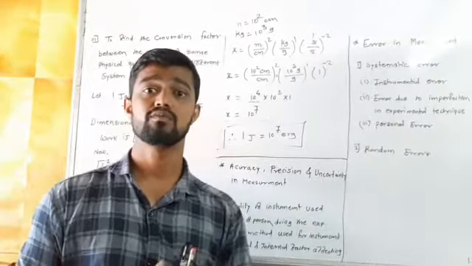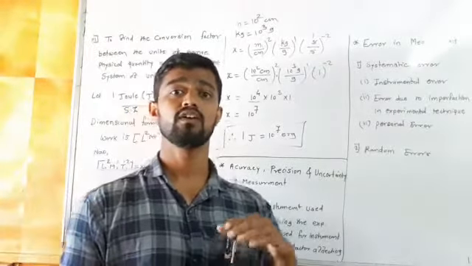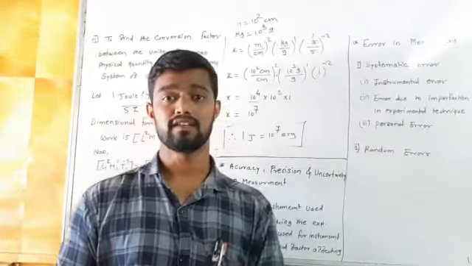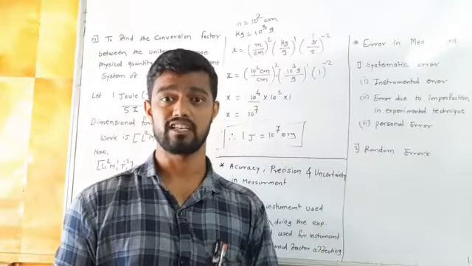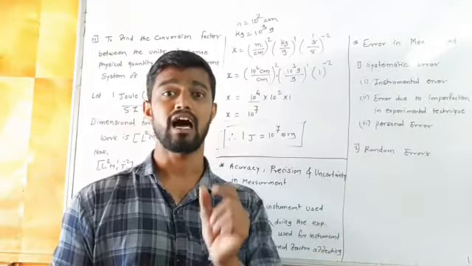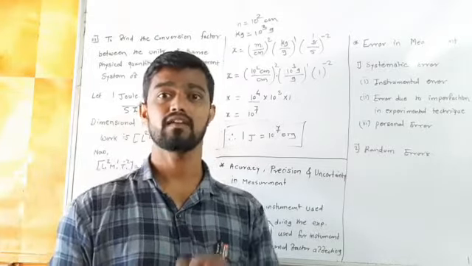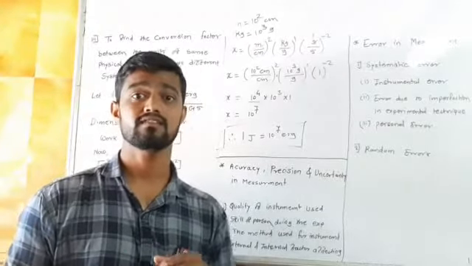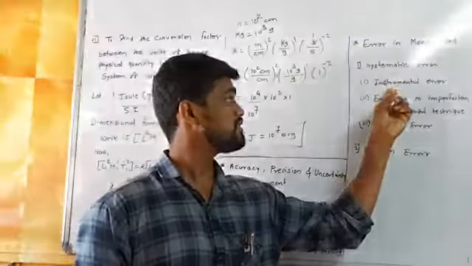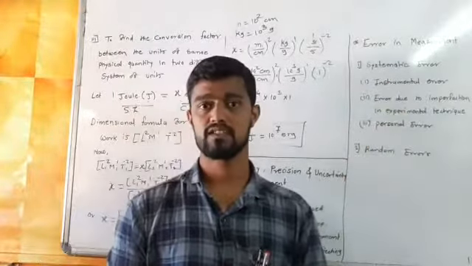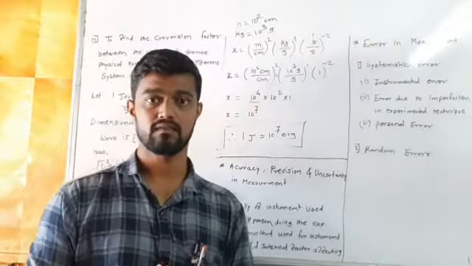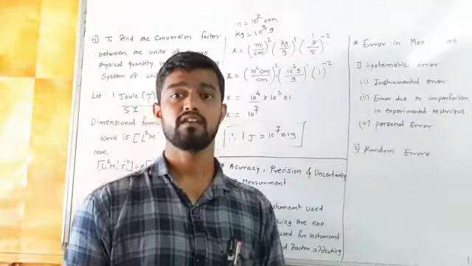For example, the zero of a thermometer is not graduated at a sharp zero, so it has error. This is called instrumental error. It depends on your instrument, not on the person.